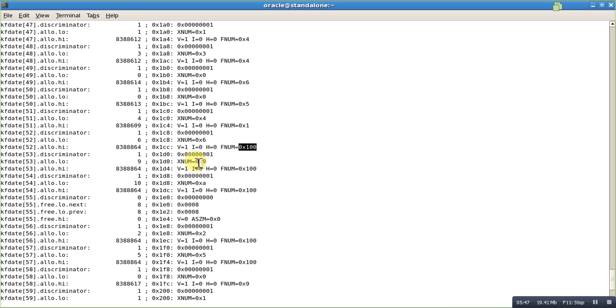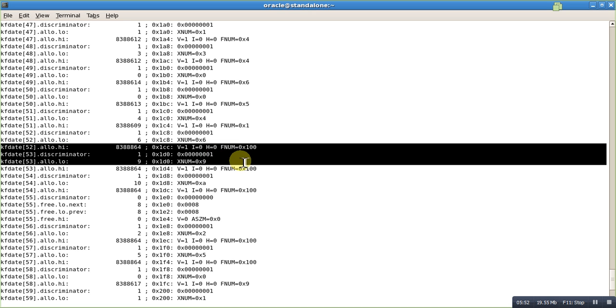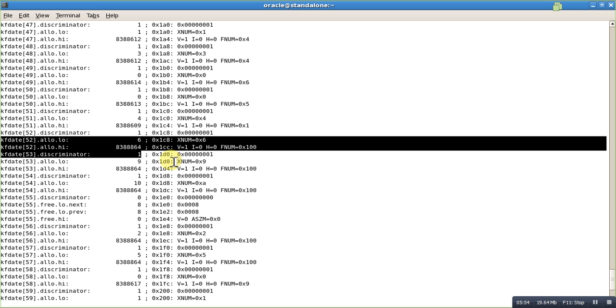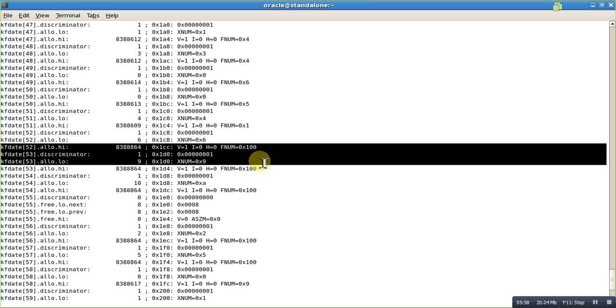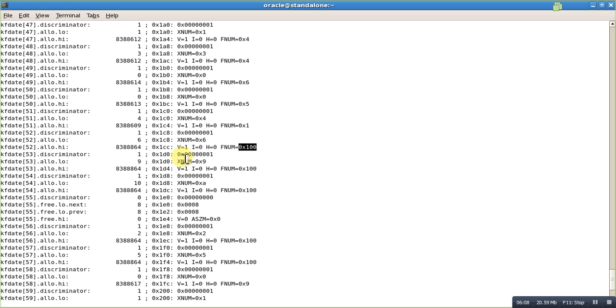So our file 256 has allocation unit 52. So allocation unit 52 is allocated for storing the file with file number 256 and the extent number.